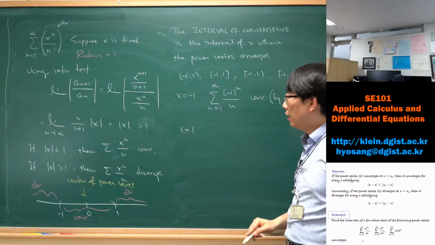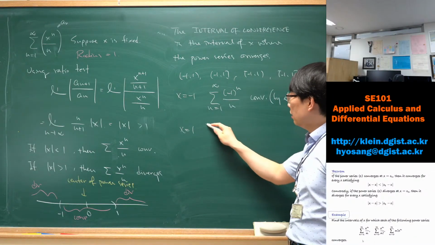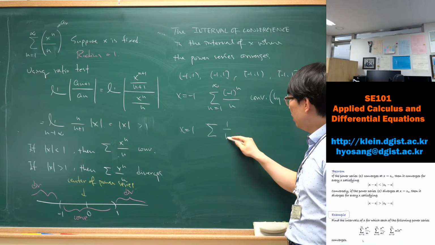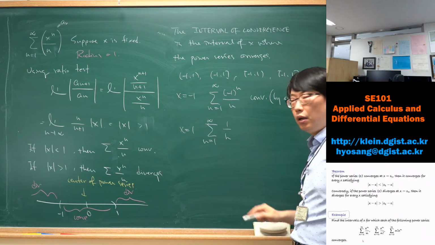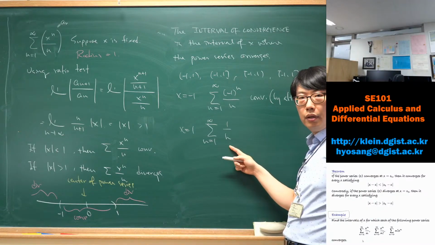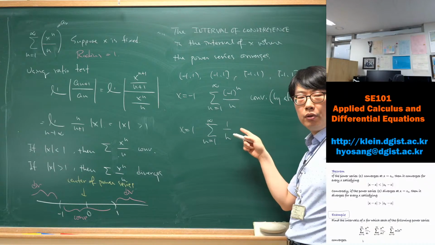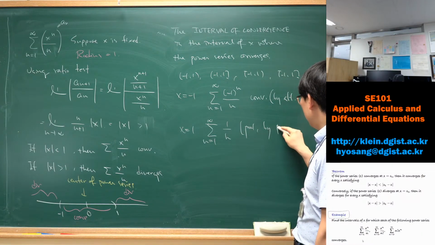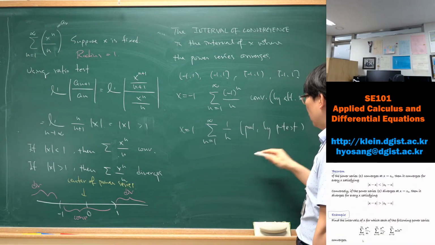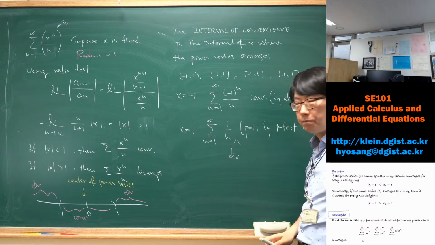What if I take x as the right end, which is 1? Then the series becomes the sum of 1 over n from n equals 1 to infinity. So this is a p-test. This is of the form 1 over n to the power of p, and p equals 1. So p is 1. By the p-test, it diverges. Okay.